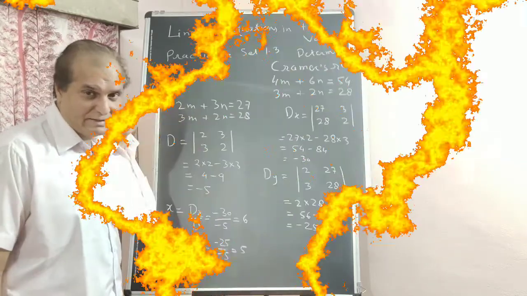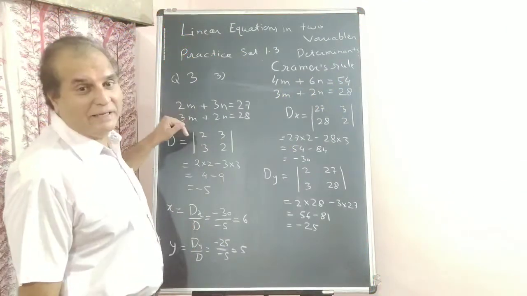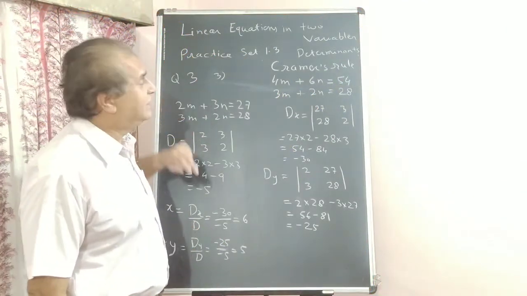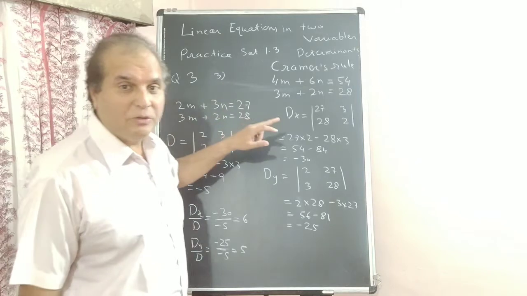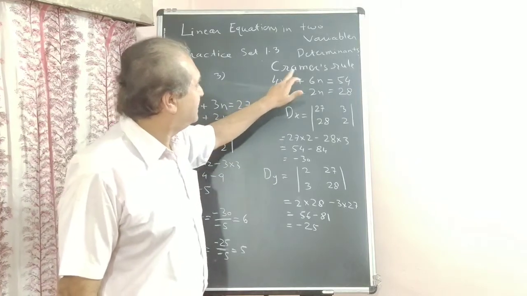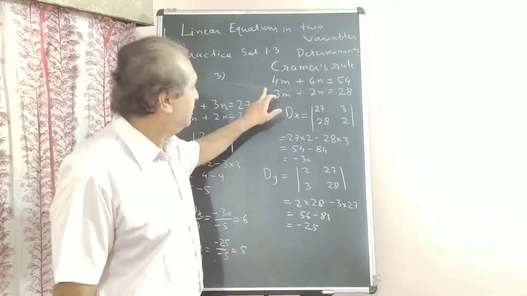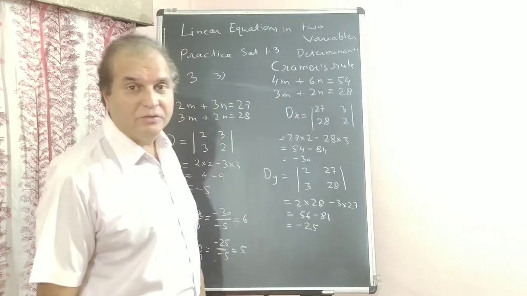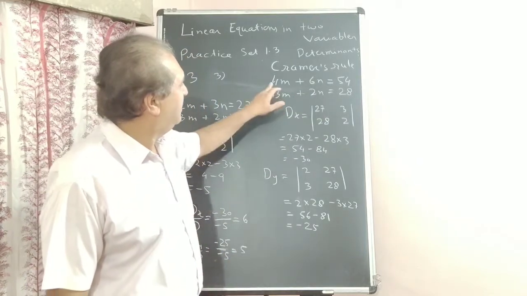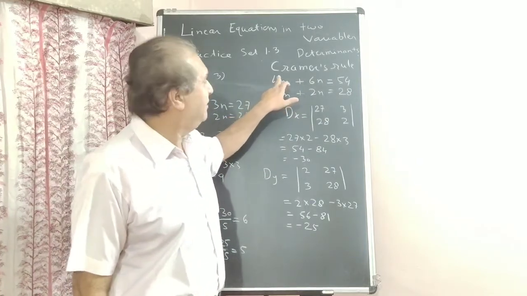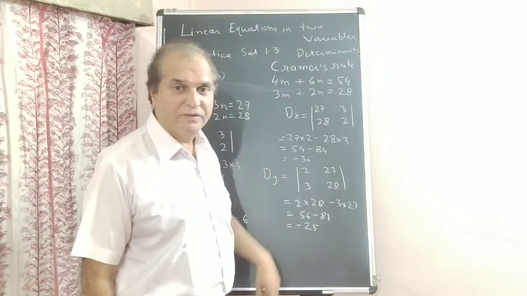Next sum. Question 3, third sum. Cramer's rule. 4m plus 6n equal to 54, 3m plus 2n equal to 28. Big numbers, actually see all are even: 4m, 6n and 54.